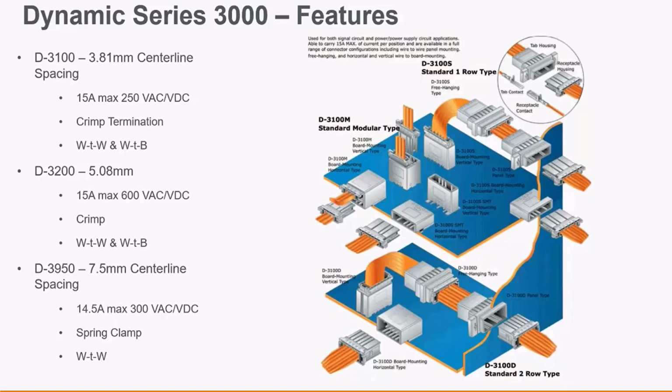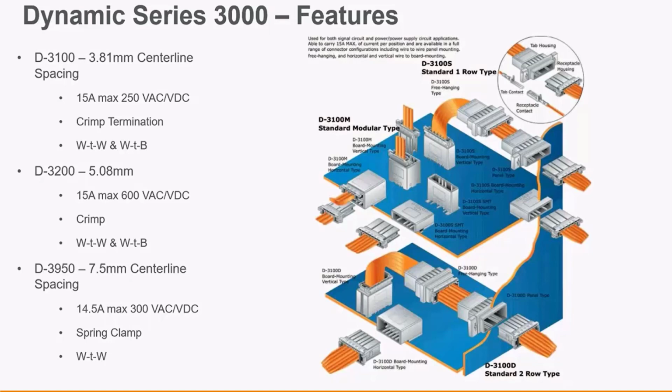An essential change from the Dynamic Series D1000 and D2000 is the increase in both centerline spacing and voltage for the D3200. With a centerline spacing of 5.08 mm, a current carrying capacity of 15 amps, and a voltage rating of 600, it showcases advancements beyond the specifications of the D1000 and D2000 series.